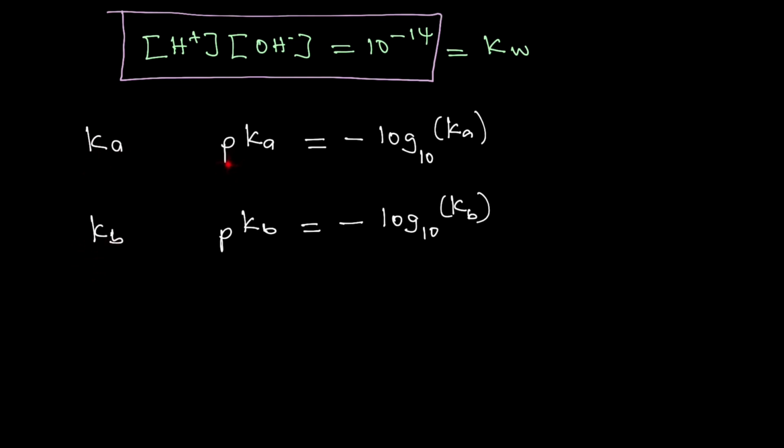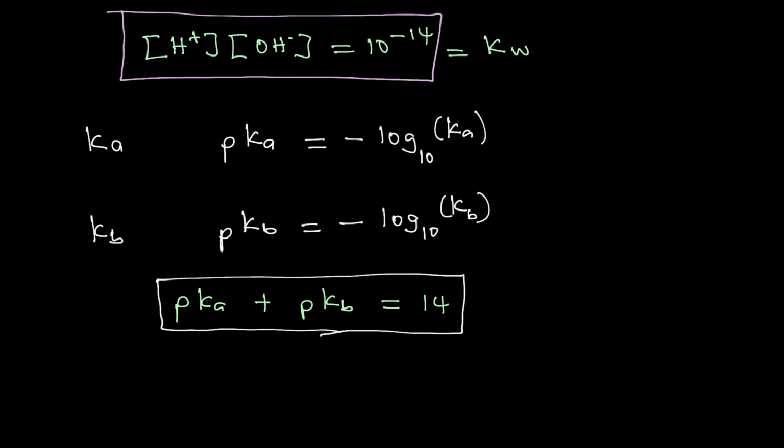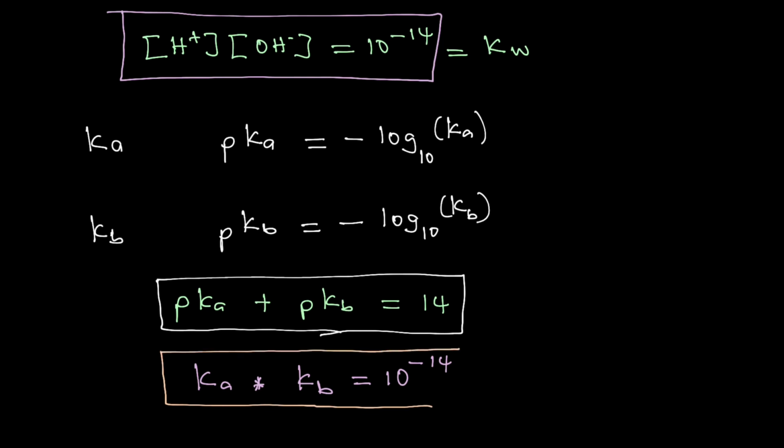We can find the pKa of acid, and we can find the pKb of base. A for acid, B for base. pKa plus pKb equals 14. That's one relationship we need to remember. Another relationship we can remember is Ka times Kb equals 10 to the power minus 14. That's another relationship that we should remember.